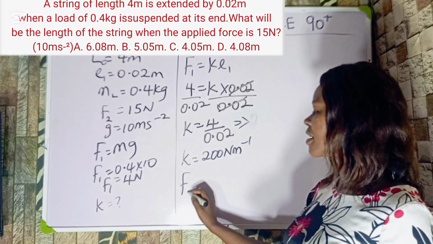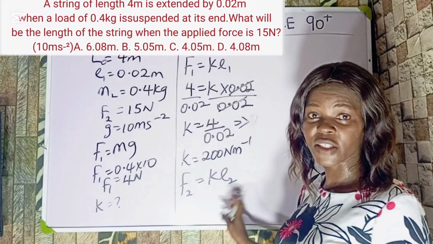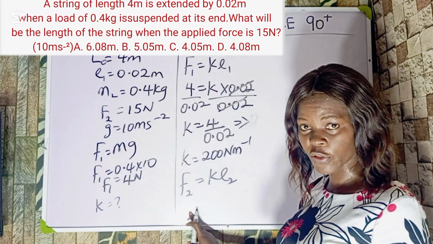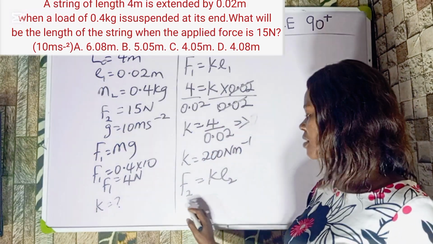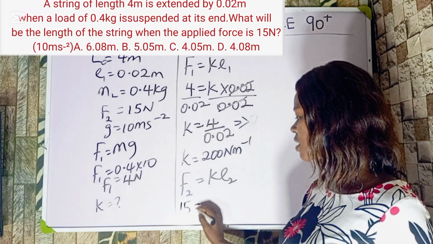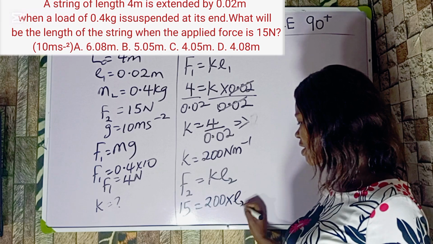Now, this same K is going to be used to get the new extension. That means that F2 is equal to K E2. That's the new extension we're looking for with our new force. Our new force is given in the question as 15 Newton. So 15 Newton is equal to my K, 200, multiplied by E2.